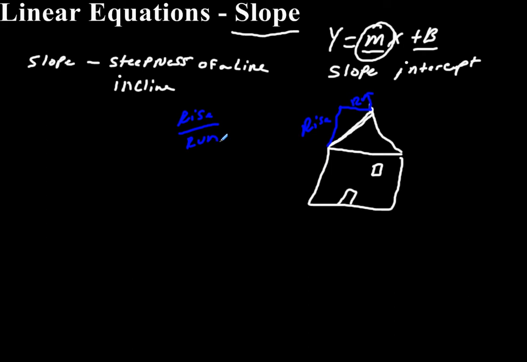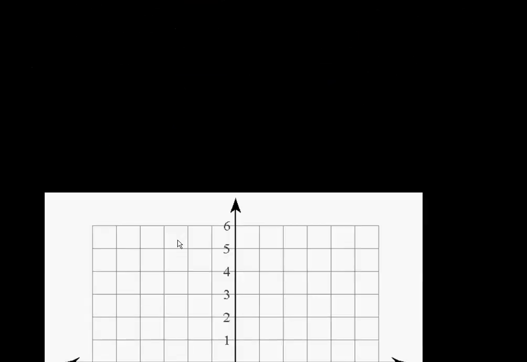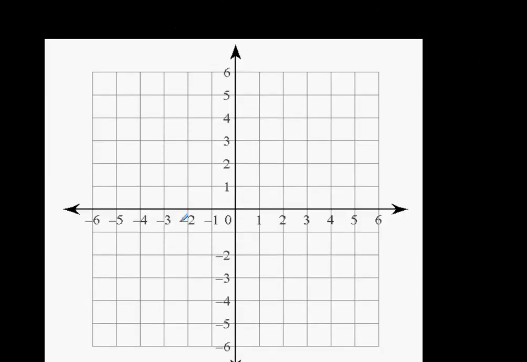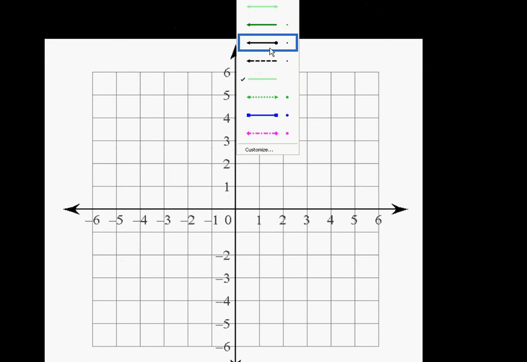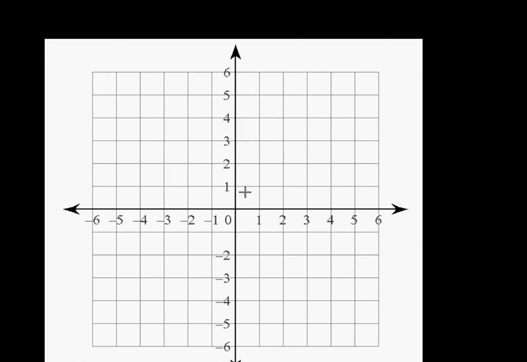Now, if you were going to look at a line on a graph, let's draw a line real quick, and we'll use a dark blue. Let's use this point and that point.